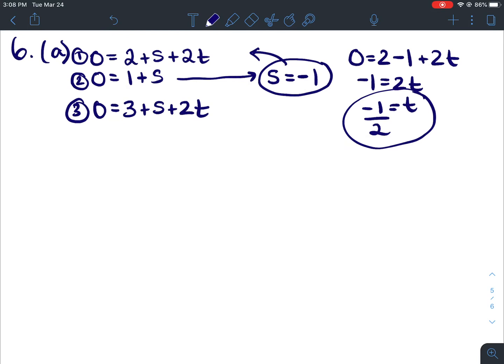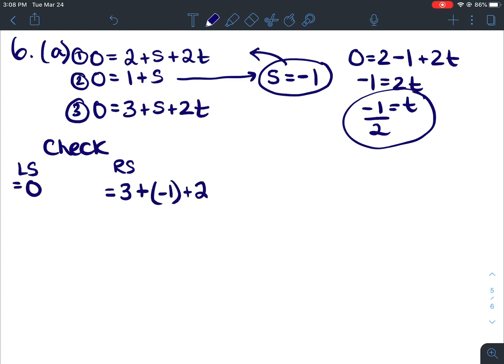Then with my z equation, I'm going to sub those values in and see if the left side equals the right side. The left side is equal to 0, and the right side is 3 plus s, which is -1, plus 2t, which is -1/2. So 3 minus 1 minus 1, which is 1, for sure.